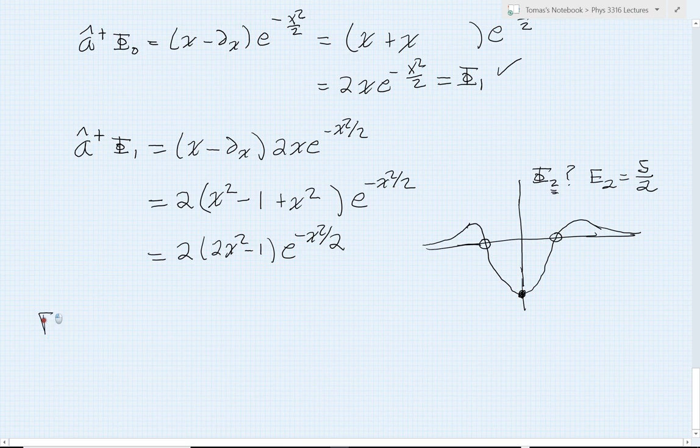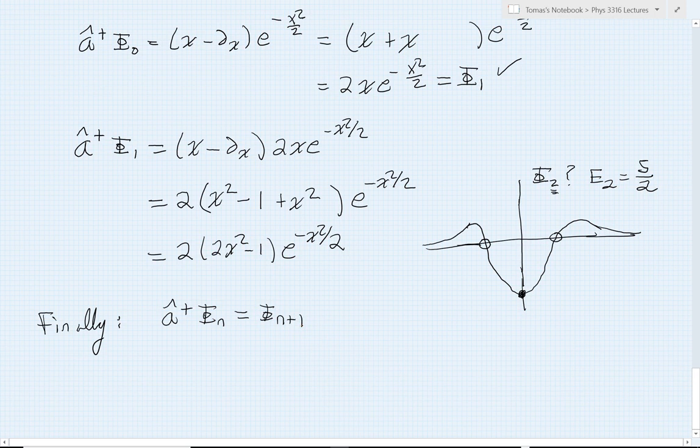And then finally, notice I can just keep this procedure up. I can take this operator, I can apply it to my nth state, and it will actually give me my next state.